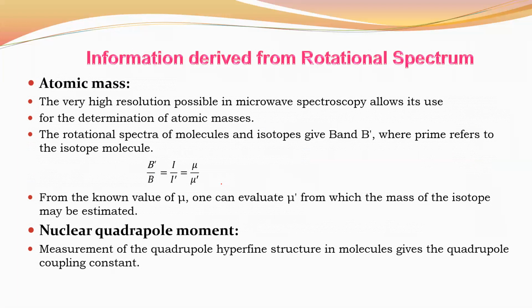Using the concept of the isotope effect, we can obtain the atomic mass of different isotopes, and we can also measure the quadrupole hyperfine structure, and that will give the quadrupole coupling constant or the quadrupole moment.